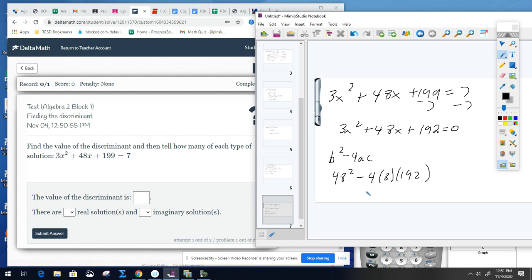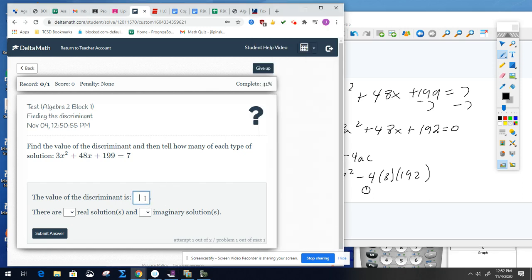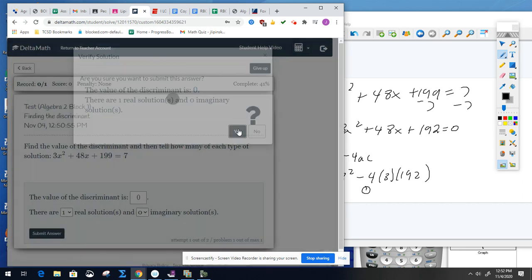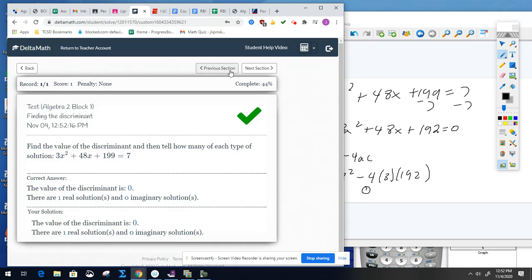Okay, so I get 0. So the value of the discriminant is 0. That means there is one real solution and 0 imaginary. If you have any real solutions, then that means that there are never any imaginary. Same thing, if you have imaginary, then you don't have any real solutions.